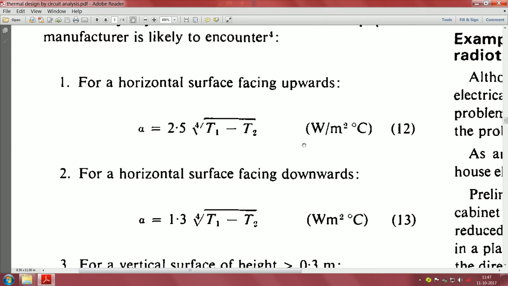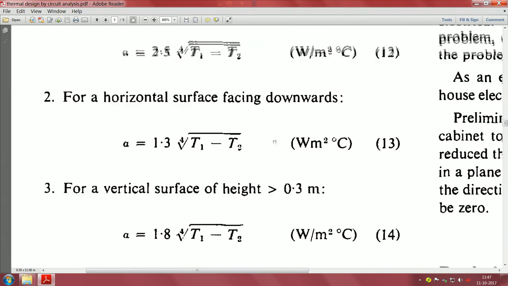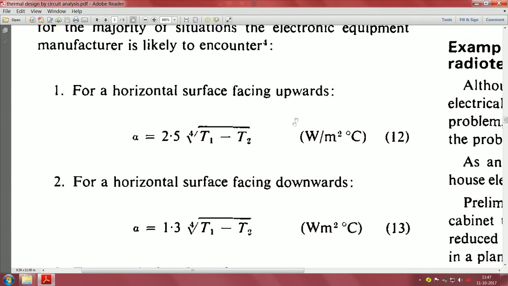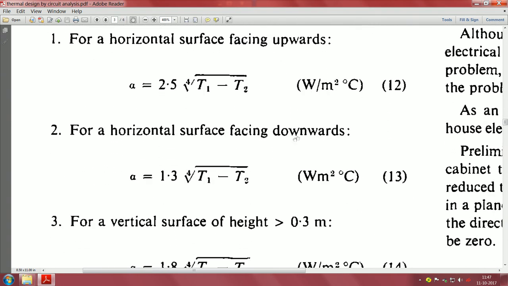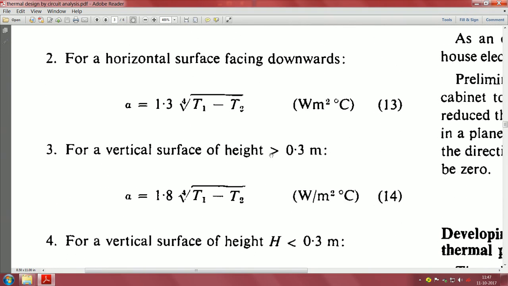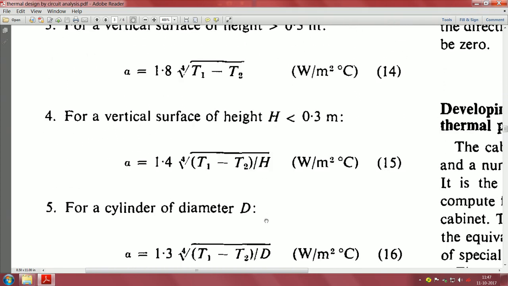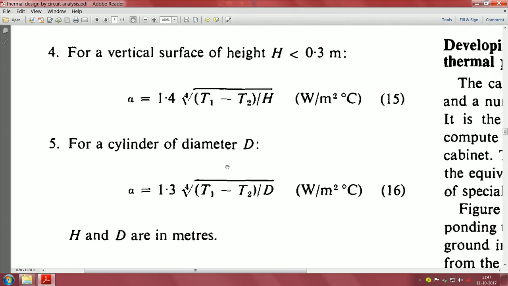If you remember, I had shown you something: 0.6, 1.3, 1.6. He has got these figures from somewhere else, saying if a horizontal surface is facing upwards, a surface facing downwards, or a vertical surface of a given height, you use different factors.